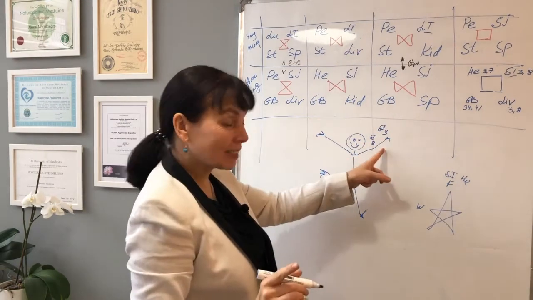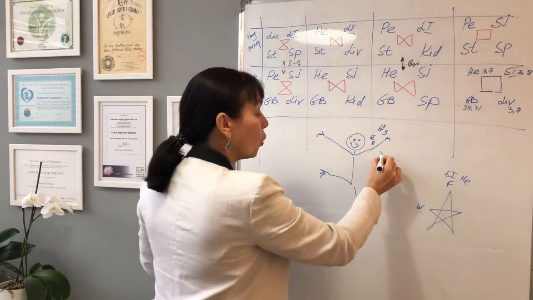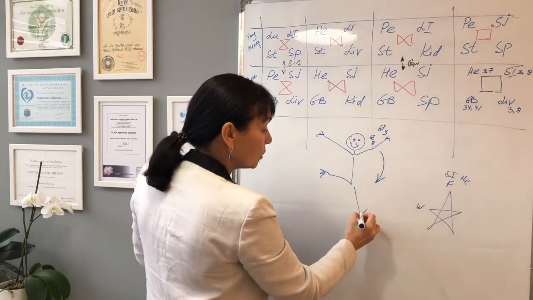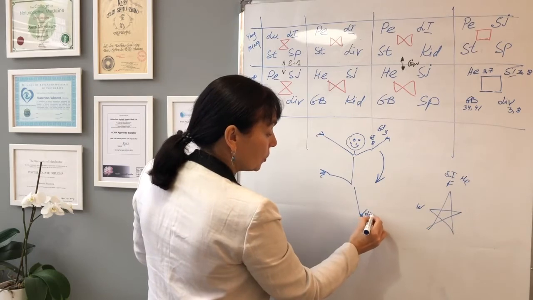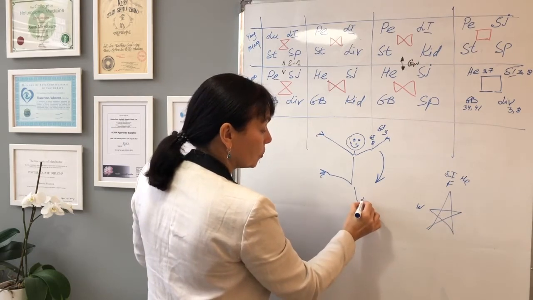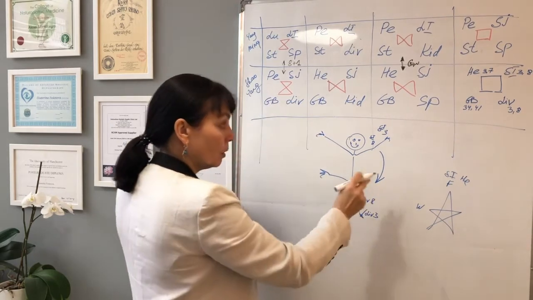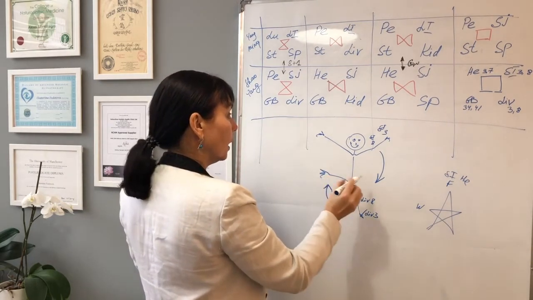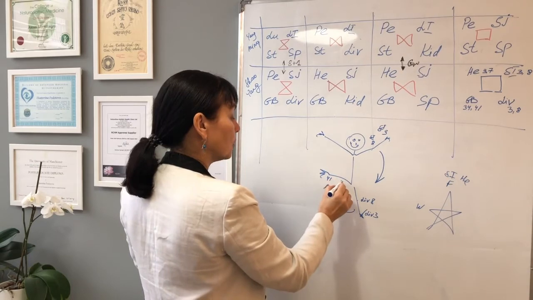And from this limb, then we go clockwise. So clockwise, we go into liver. More distal will be liver 3, more proximal will be liver 8. From here, we go clockwise to gallbladder, and we needle 41, 34.